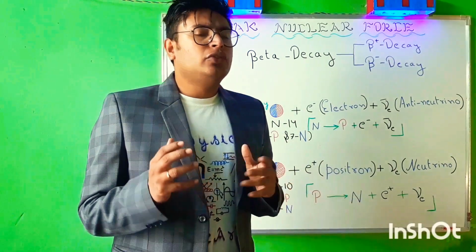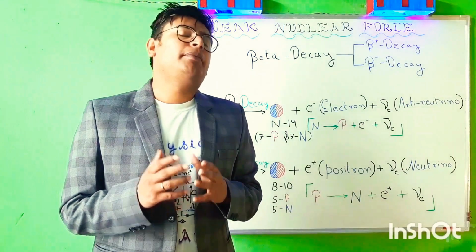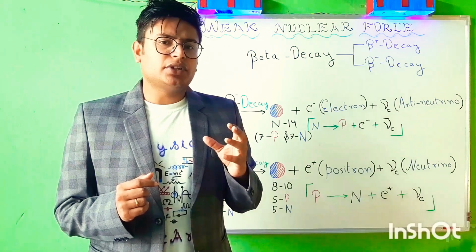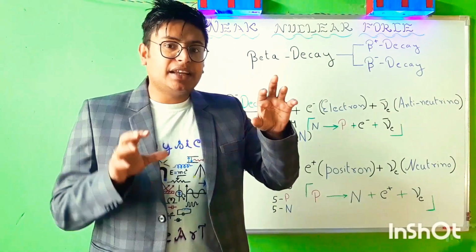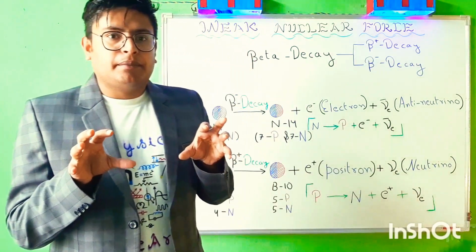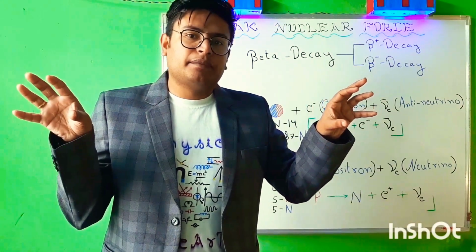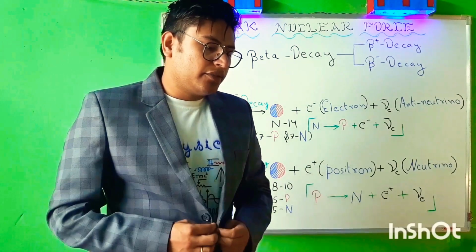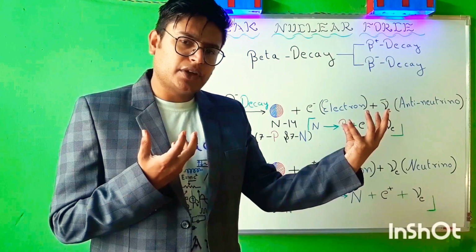You guys have heard this somewhere or maybe not, but every particle in this entire universe has an antiparticle. Matter and antimatter. I guess you have heard this phrase before also. Every particle or every matter has its antimatter. Just like, for example, if I have a positive charge, I'll have a negative charge.